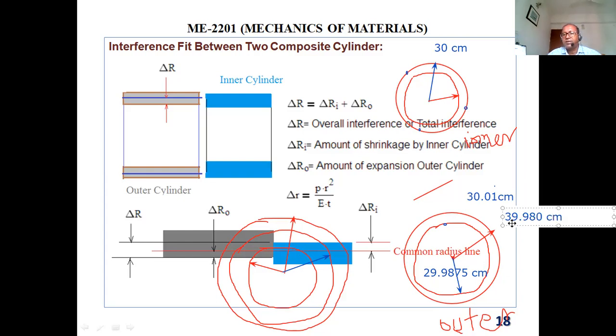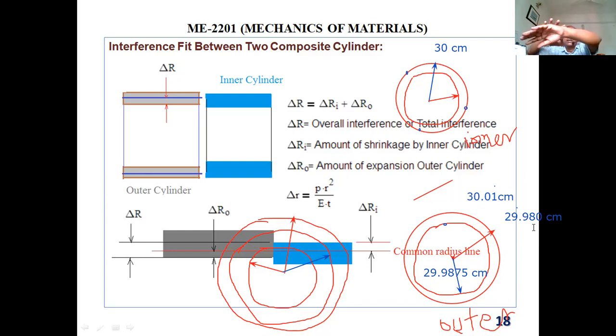So what is happening? That means the outer cylinder radius is decreased a little bit, right? And this one also decreases. They have some common radius. Okay.